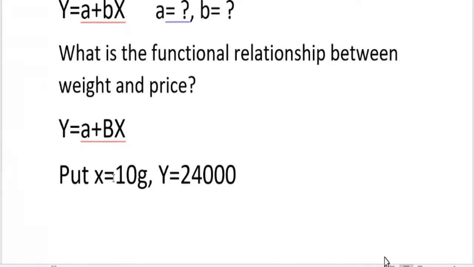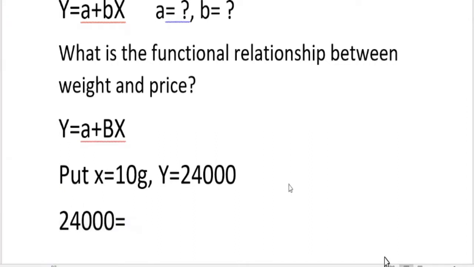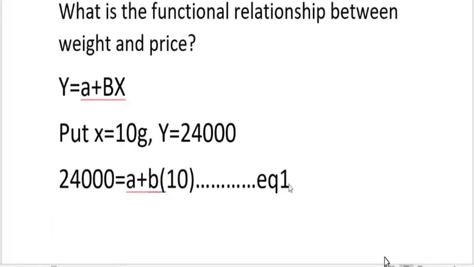Once you put this value in the equation, the equation will become 24,000 equal to A plus B, and the value of X is 10. So I would put this value in the bracket so that you will understand it: 10. This is what we have. This is our equation 1. Similarly, then we choose this value again.